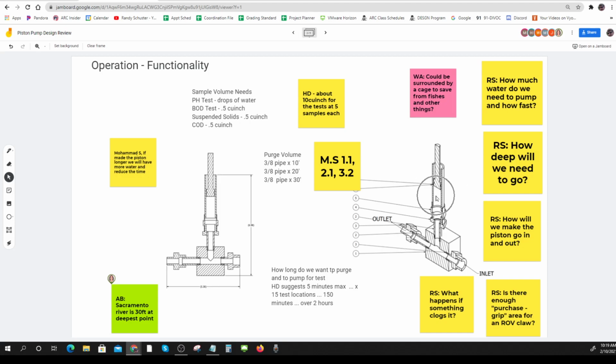So how much water can I get per stroke on this? What was the question? So with the design as it stands right now, I think this is a 1/2-inch pipe, and my stroke I think is 2 inches. What's my volume per stroke in cubic inches? Oh, Mohammed says it's 0.5.